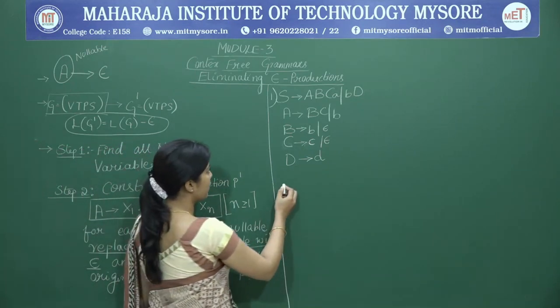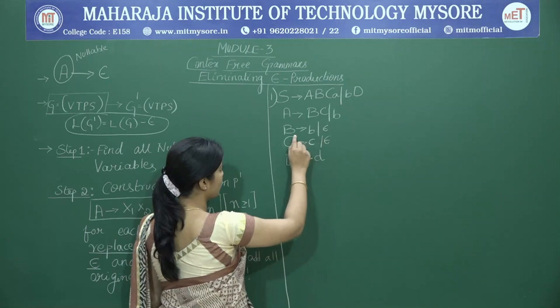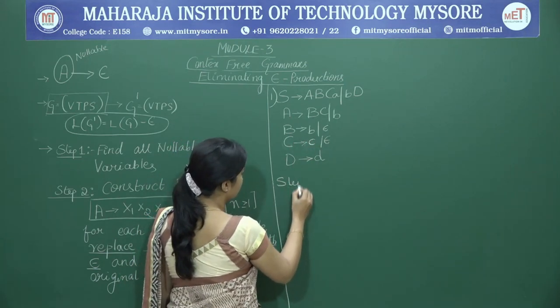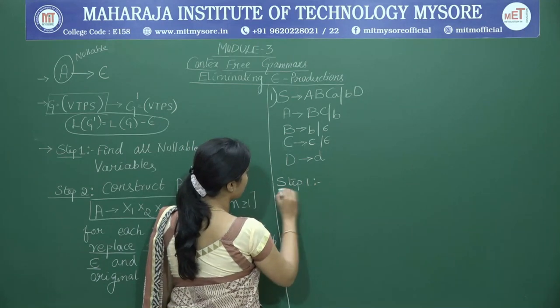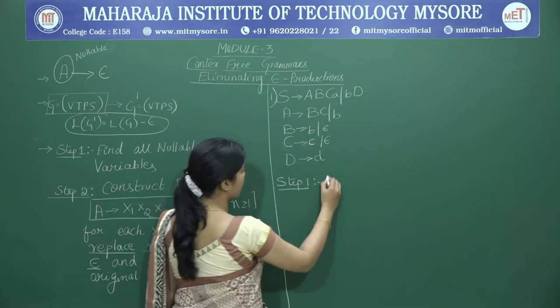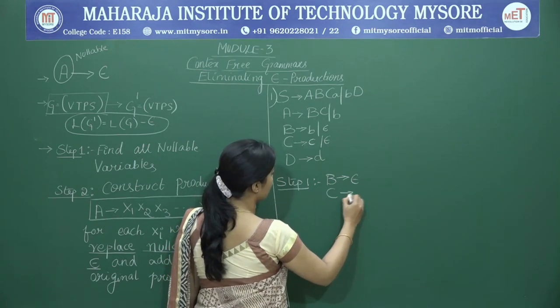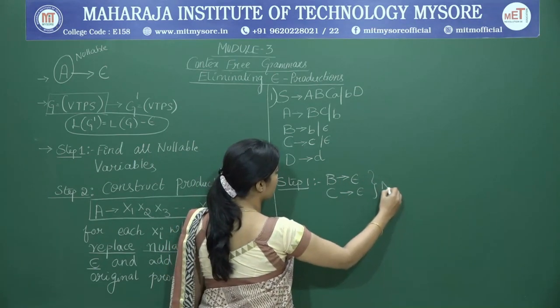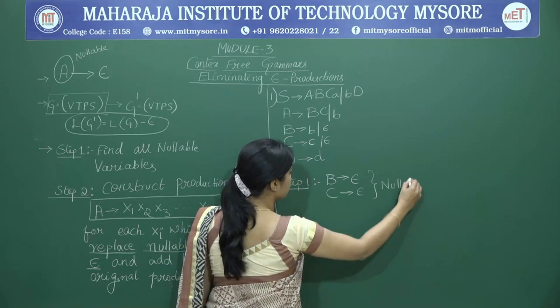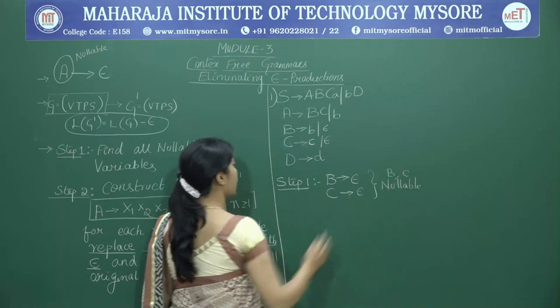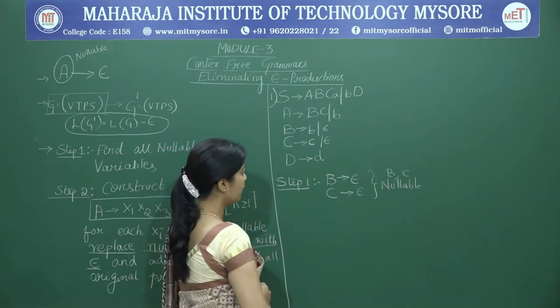The first thing we see is what goes directly to epsilon. In step 1 we identify 2 productions, that is B goes to epsilon and C goes to epsilon. So, B and C are nullable variables.